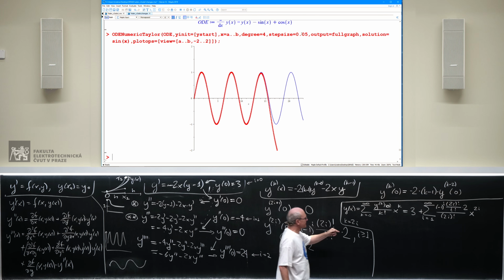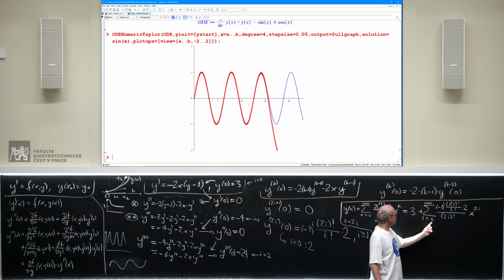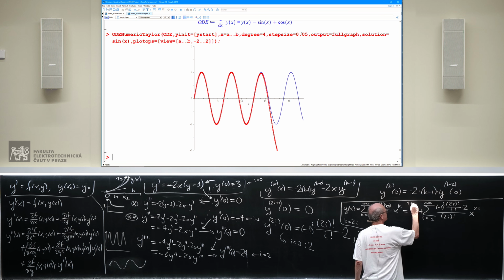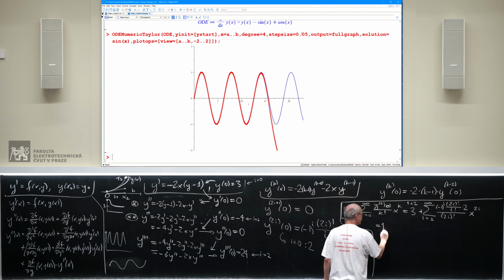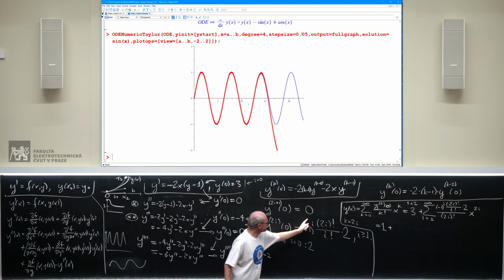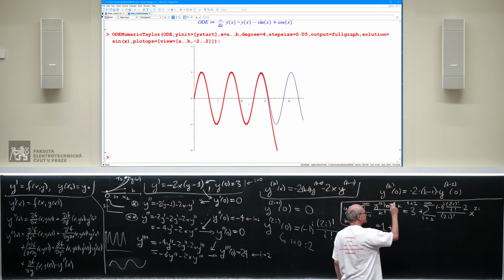Before we go on, what's unpleasant is that this series starts at 1, not at 0. So what I'm going to do, I'm going to take this 3 and split it as 1 plus 2. 1 stays away, and 2 can be included in the formula because 2 is actually the value of this expression for i equal to 0. So let me just write it.